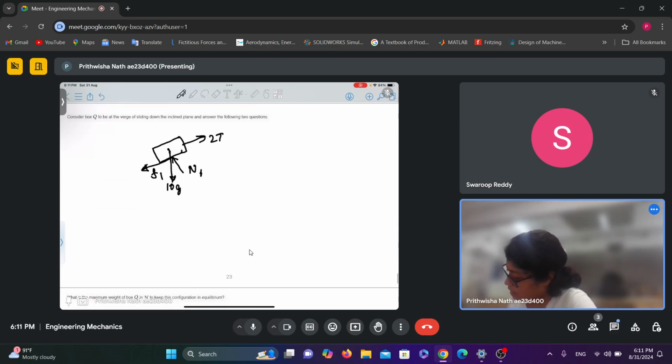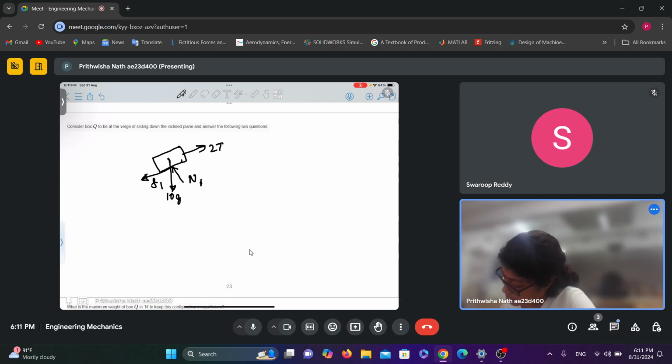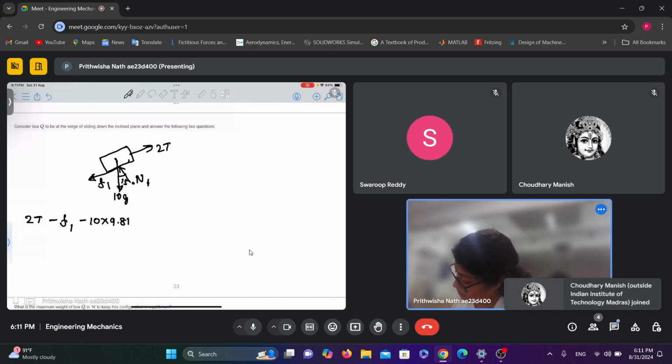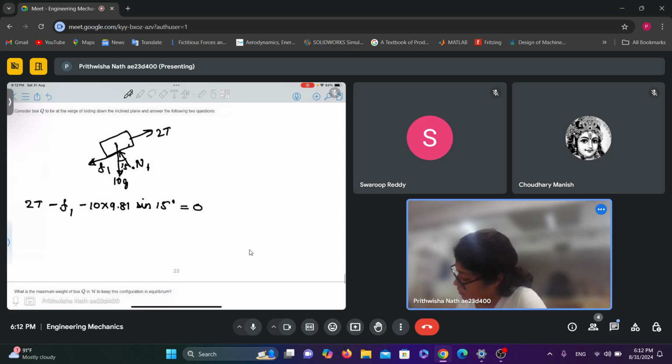I'll write the forces along the inclined plane. 2T minus F1. This angle is also 15 degree. Minus 9.81 into sine of 15 degree. So this is equals to 0. Now 2T equals to F1 plus sine 15 degree.